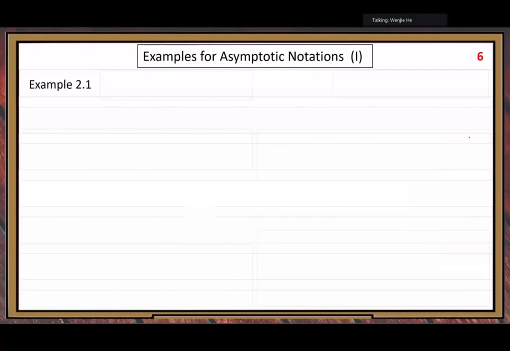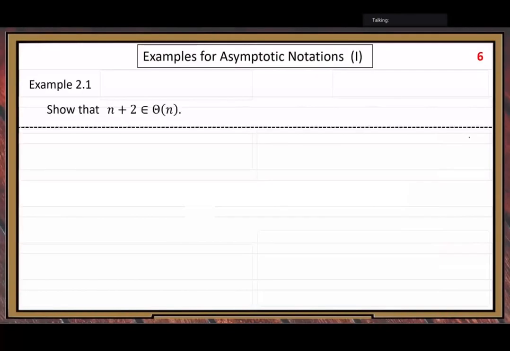The first example is a simple one. Show that the function f(n) = n plus 2 belongs to big theta of n. For this simple example, there are two ways we can solve the problem.